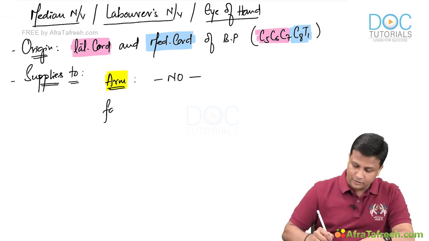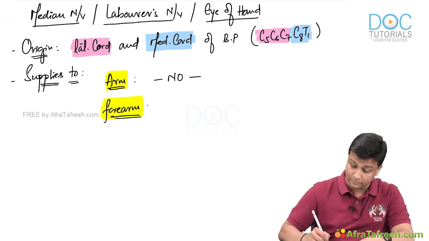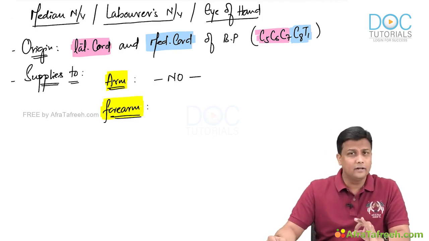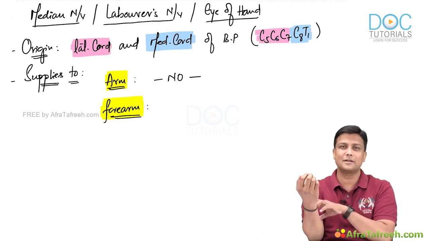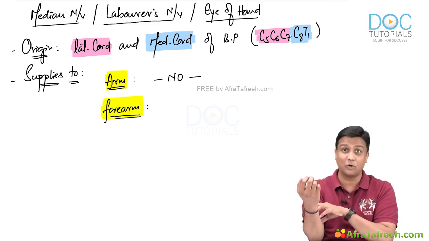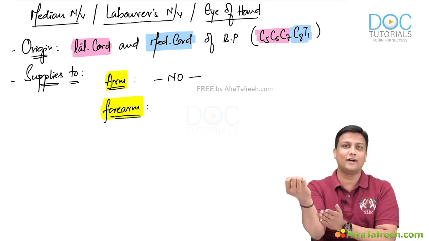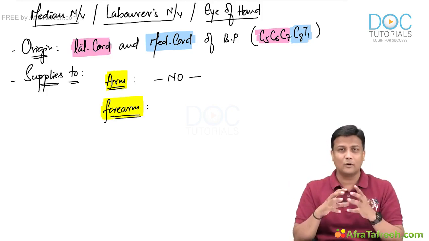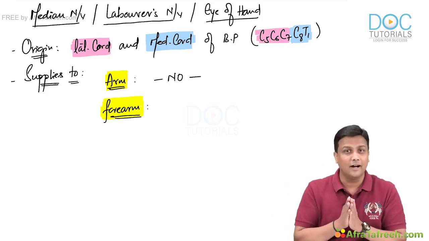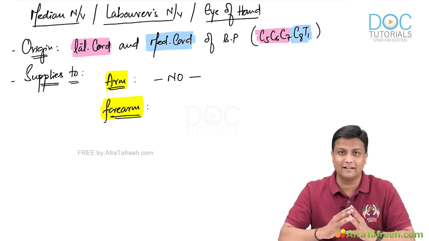Then the next one will be the forearm. Yes, the median nerve will be supplying the muscles in the forearm. Now, which compartment? Will the median nerve supply the anterior compartment or the posterior compartment of the forearm? Remember, it will be supplying the muscles in the anterior compartment of the forearm. All your flexors, but except which one? Except the medial 1.5 muscles, flexor carpi ulnaris and the medial half of FDP. Why? Because that will be taken care of by the ulnar nerve, and we have already discussed that in the ulnar nerve topic in detail, guys.